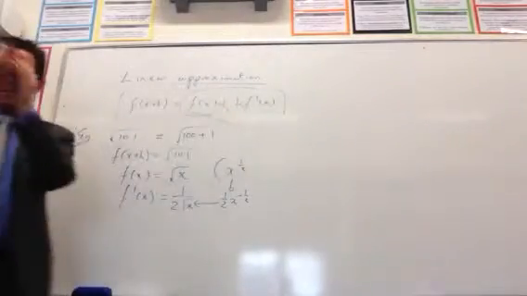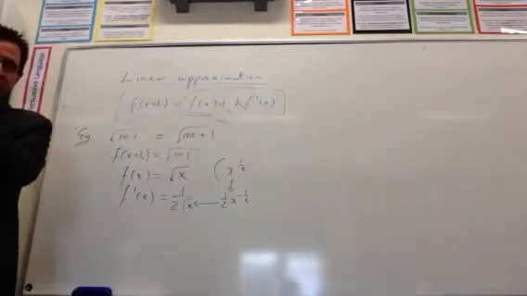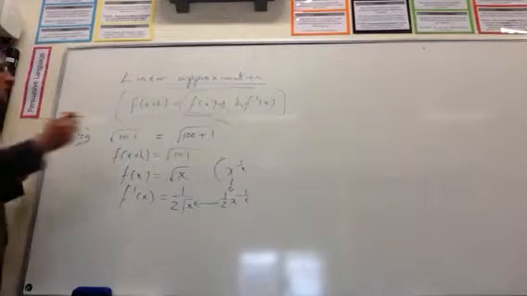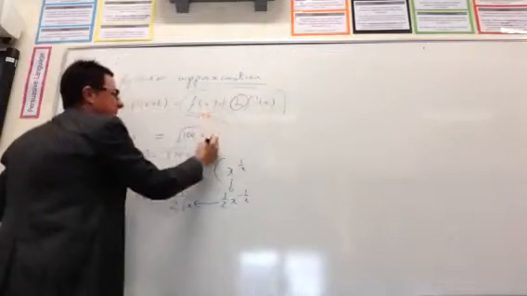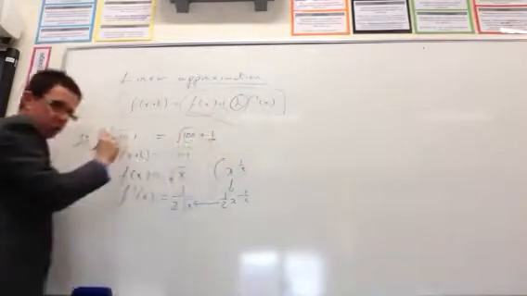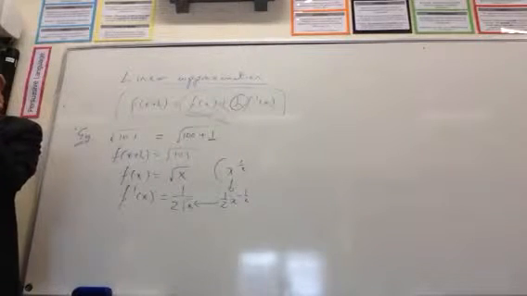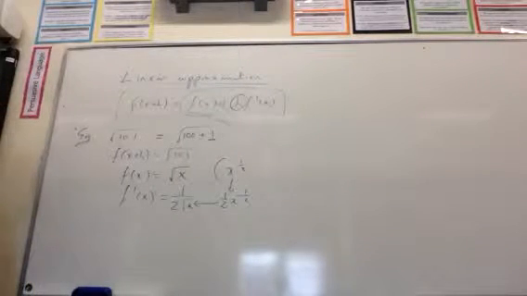H represents the next gap. In first principle, we reduce our h, getting closer and closer to get a tangent; this is almost the reverse of that. So h is the gap. It corresponds to the difference between the thing that you know and the thing that you want to know. For root 101, I know how to do square root of 100, I don't know how to do 101.